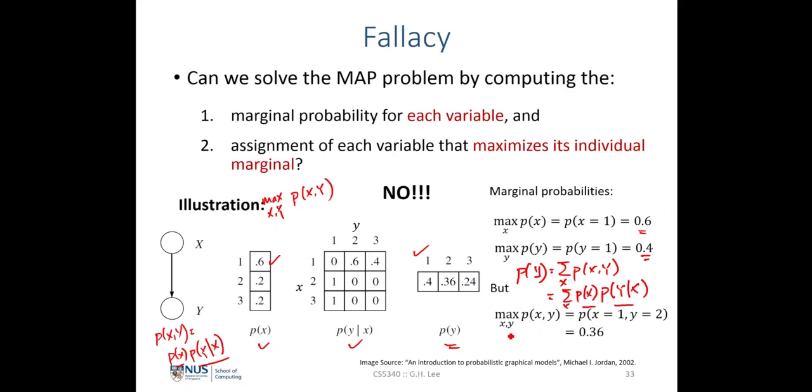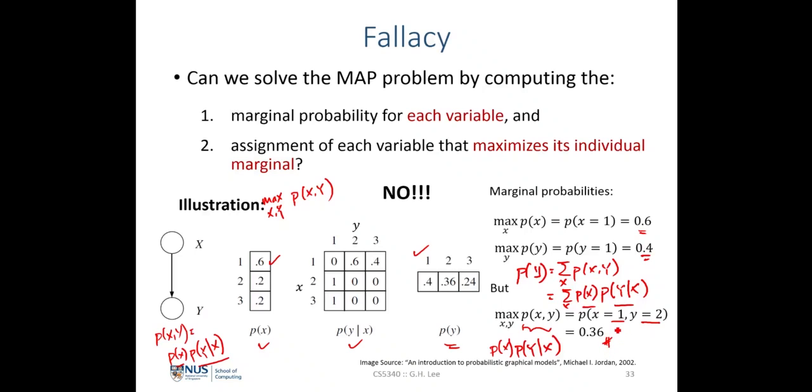If we look at the joint distribution over here, we can simply compute it by taking p of x multiplied by p of y conditioned upon x, and we'll get a 2 by 2 table over x and y. We can see that the maximal probability actually occurs at the state x equals 1 and y equals 2, and this gives a maximal probability value of 0.36.